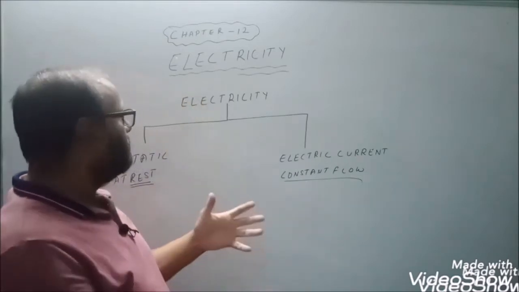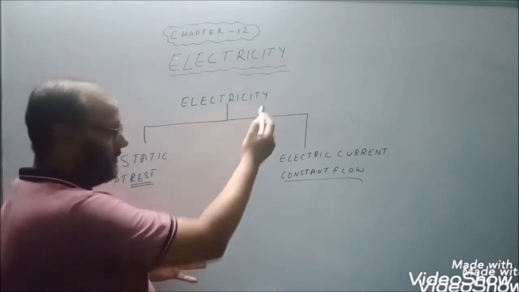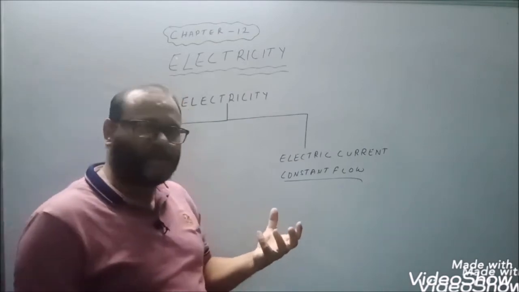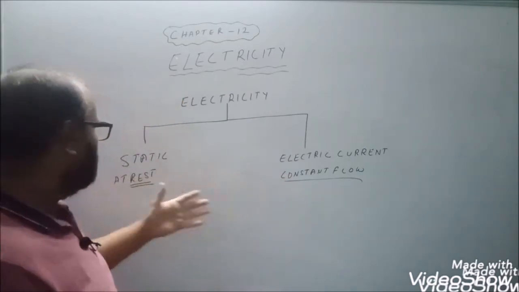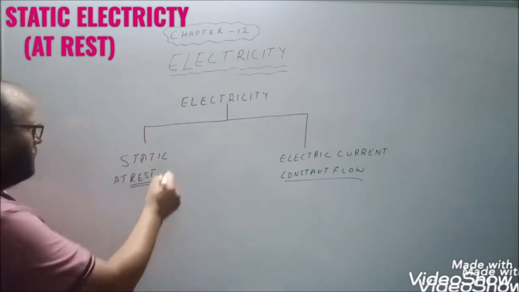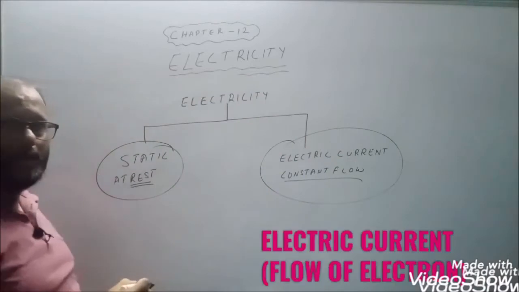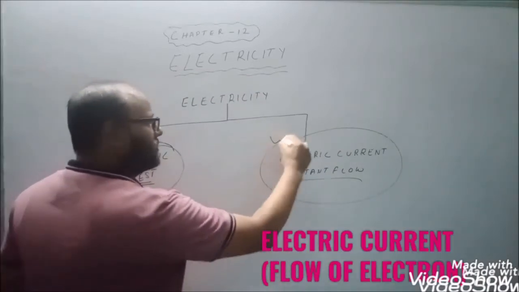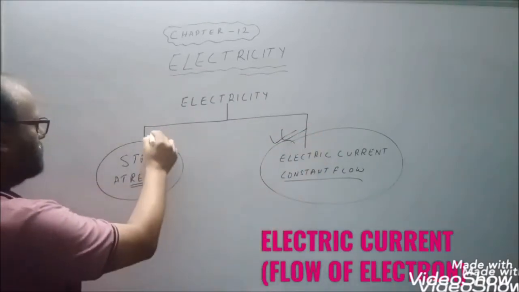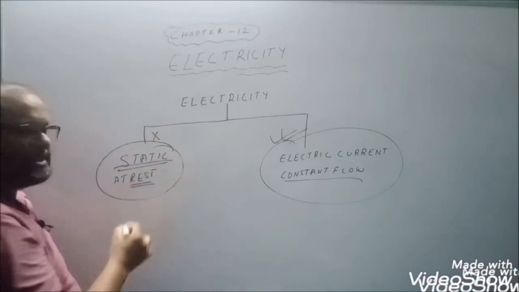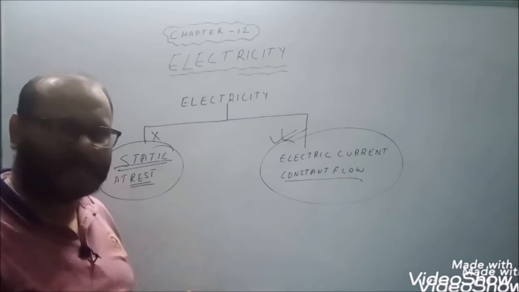Now, to be precise, what is electricity? Electricity is divided into two basic types. One we call static. The other one we call electric current. For your chapter, electric current is required for class 10. Static electricity is not required, but just for our understanding, it is the electricity at rest.